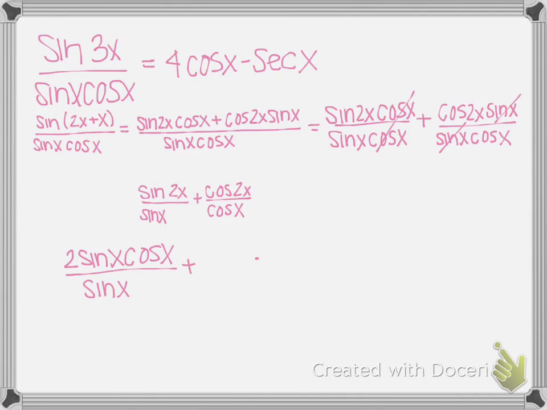I have a cosine on the bottom, and I want to try and get rid of a cosine. I don't have any sines on this fraction, so would I want to introduce a sine? No. Which one doesn't have sine in it? The last: 2 cos squared x minus 1. Then what happens? What about the first half?